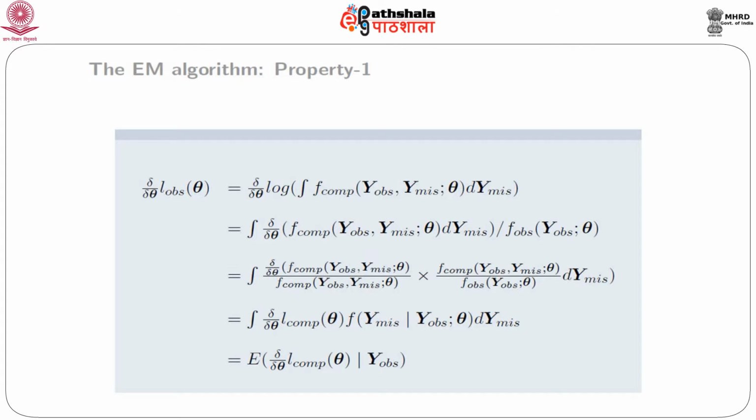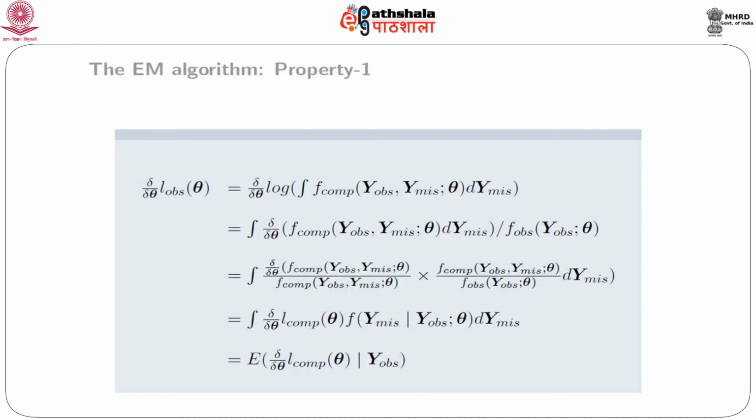And by simple algebra, we can write this as the integral of the derivative with respect to theta of the complete data likelihood, integrated with respect to the missing values or Y miss, divided by the likelihood for the observed data. Now, we can rewrite this as a ratio of two quantities.